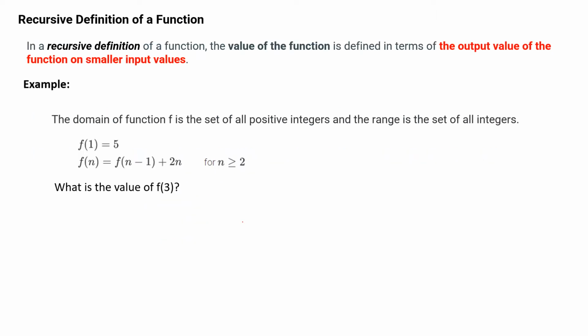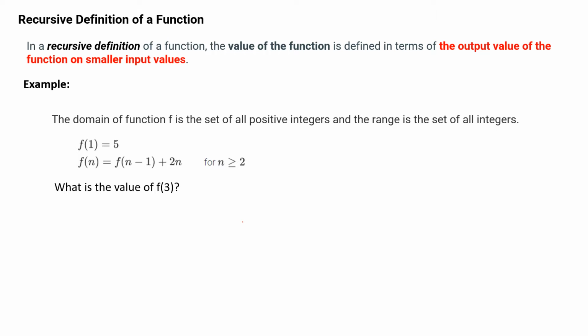We'll start by talking about functions. Sometimes functions can be written by using a recursive definition. In this example, we have a function that's been made up, and it's an example of a function that can be written with a recursive definition.